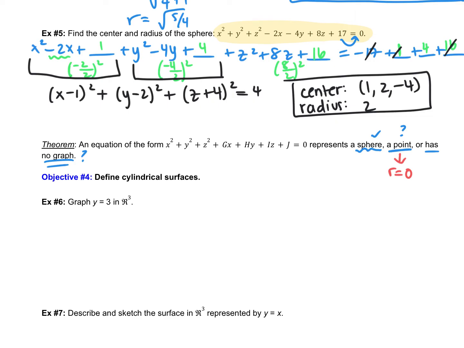So if we had a quote-unquote sphere where the radius is 0, then all we're left with is the center. No graph would occur if we had a radius that was negative, because that's not possible. So if you see equations like that in your homework, don't automatically assume that they're going to be a sphere. Instead, what you're going to have to do is complete the square and see what you get for r.